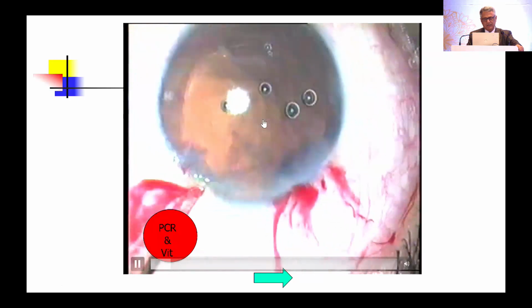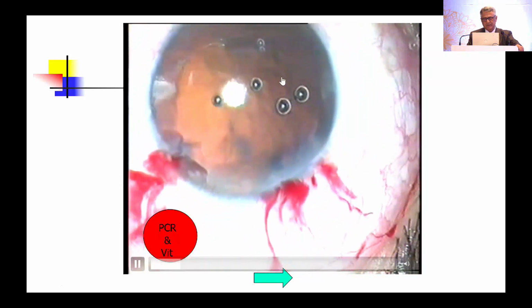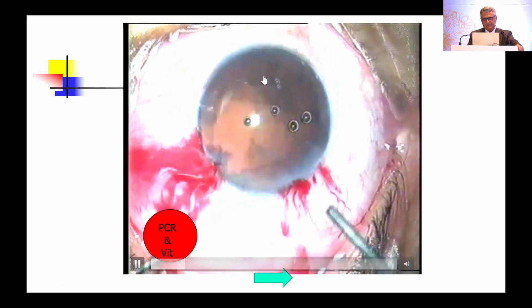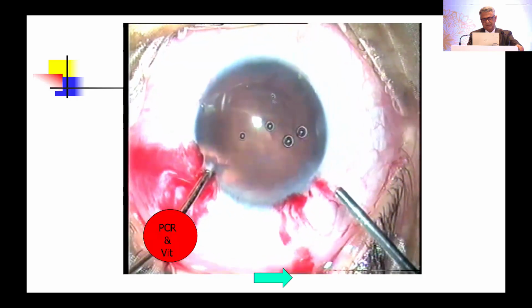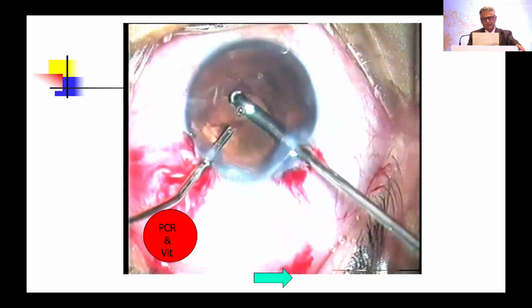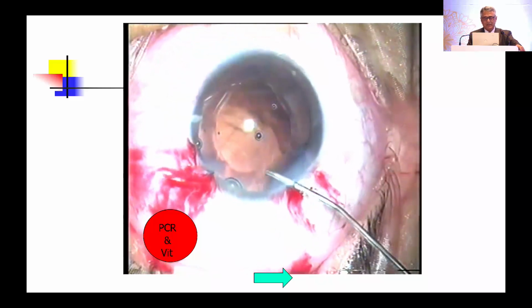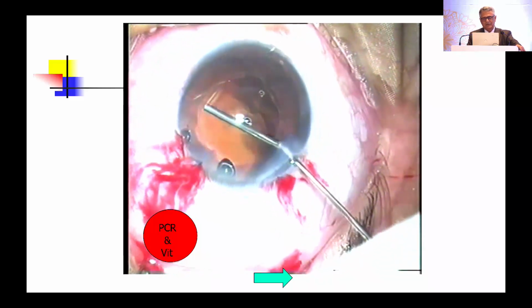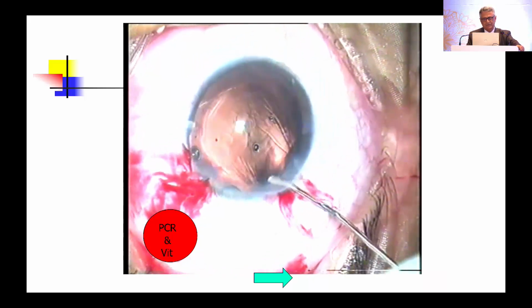The wound is slightly enlarged, and then here comes the infusion. This has been emphasized, it should be a low volume, and as Sanjay was saying, what is being cut, we don't know. With the help of the cutter, it went inside, but what is happening, we don't know.